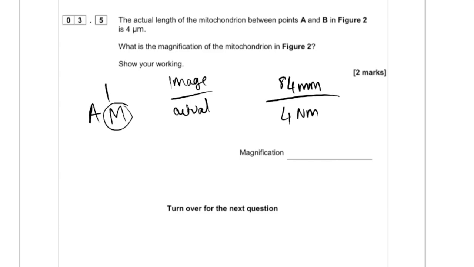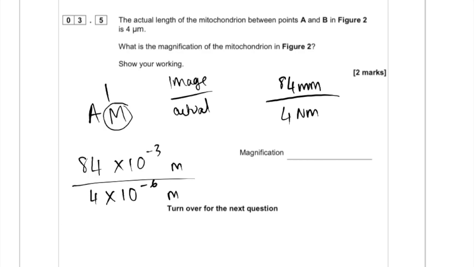But with all calculation questions, you need to pay attention to the units. Now, there's lots of different ways you can approach doing these units. I find it's easiest to convert everything into meters. This little m here, this means times 10 to the minus 3 meters. And this micro here means 4 times 10 to the minus 6 meters.